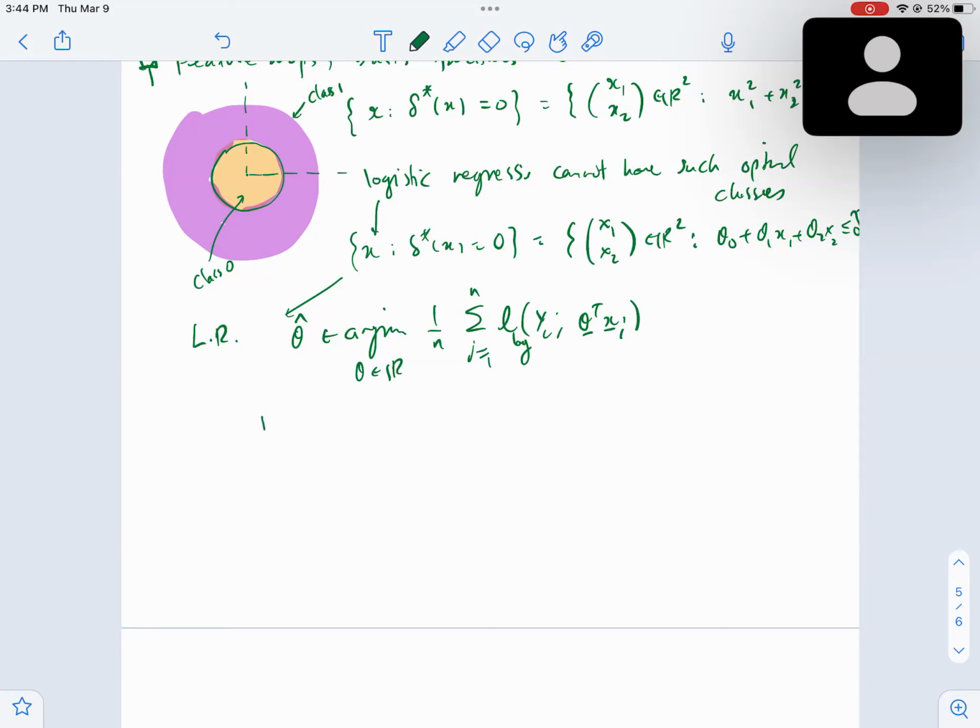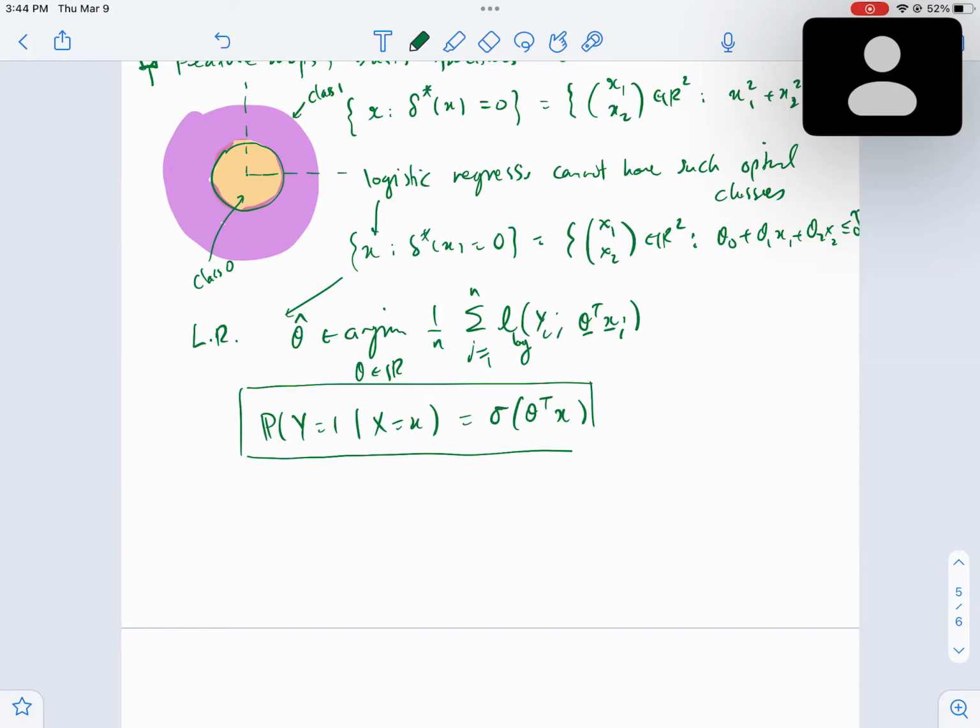The model was the probability that y equals 1 given x is sigma of theta transpose x. That's the logistic regression model. Is there a way I can achieve a classification boundary like that, with a simple modification?